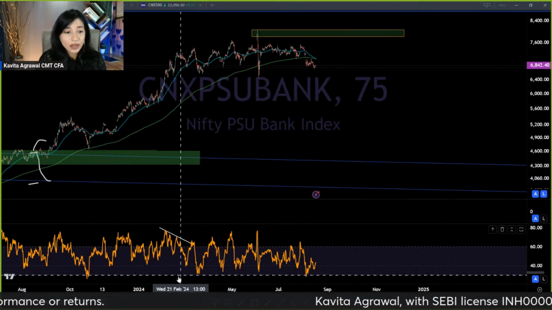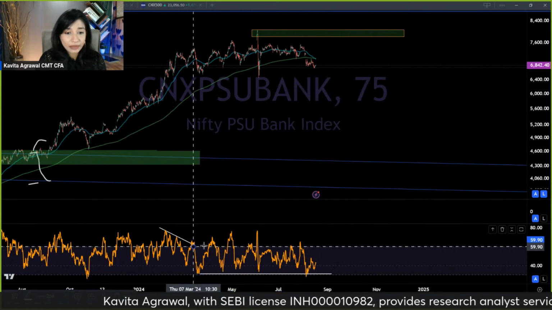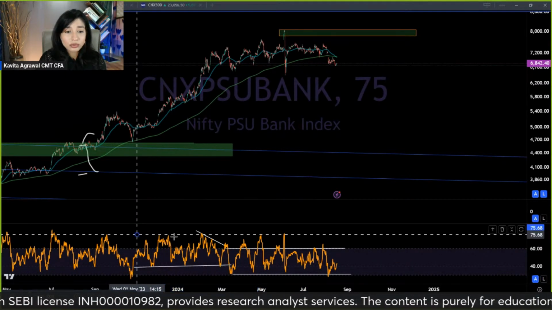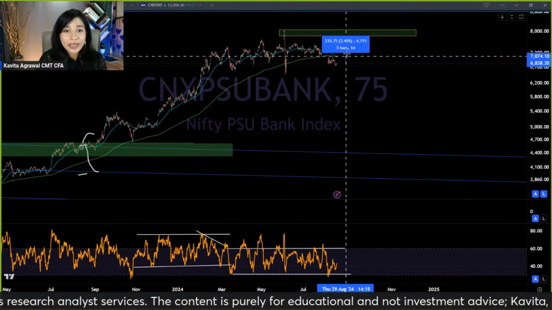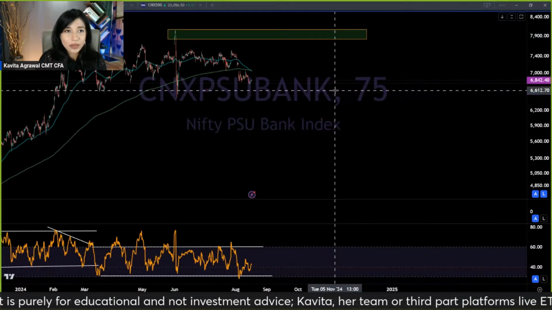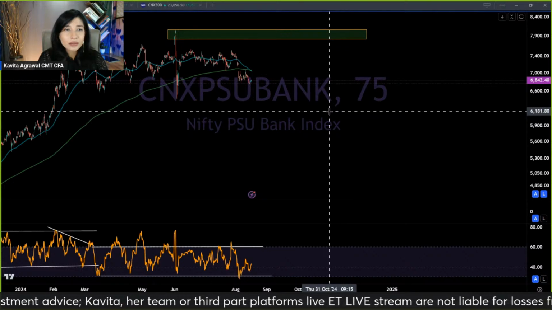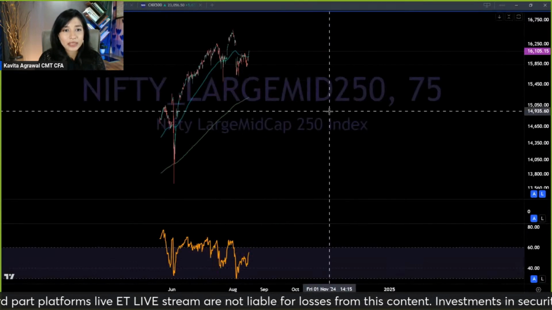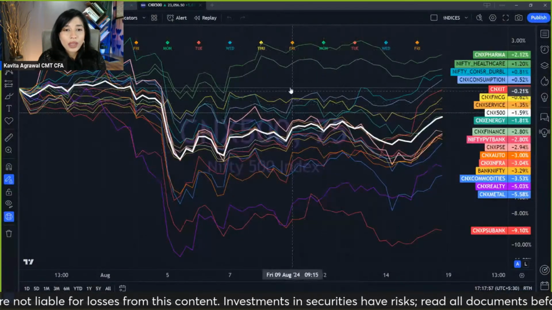I think the negative range shift that is very obvious on the 75-minute time frame is an indication that it's better to stay away from the PSU sector, even though you might experience tiny little upsides of 3 to 4% on the overall index or even in the banks or the individual stocks. I don't think the risk reward ratio is very attractive in this sector on an overall basis. Of course, stock specific exceptions apply.